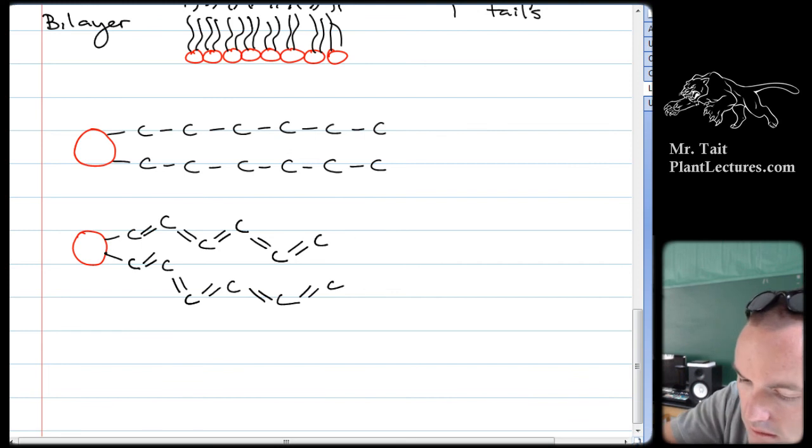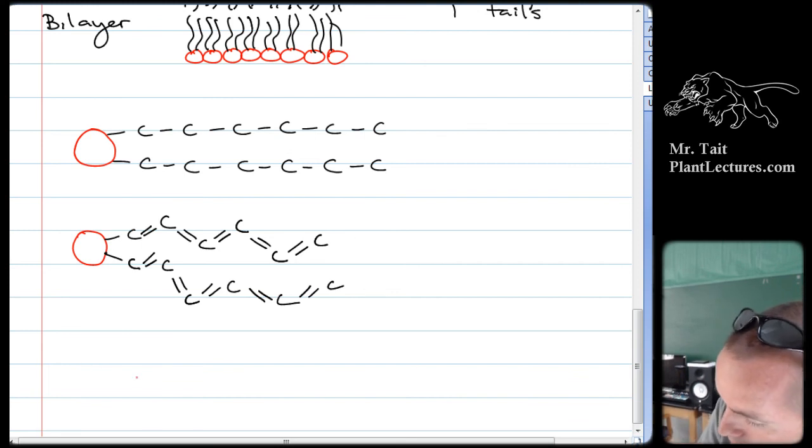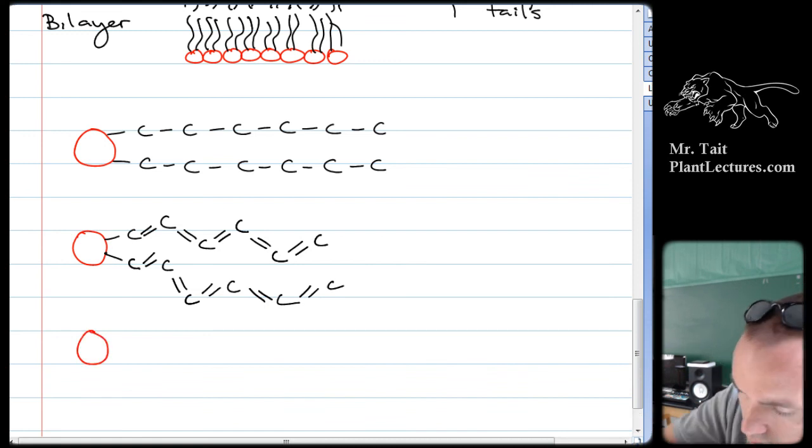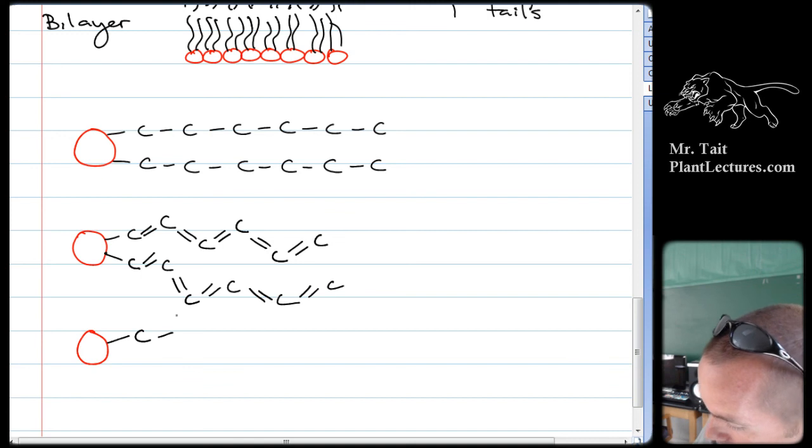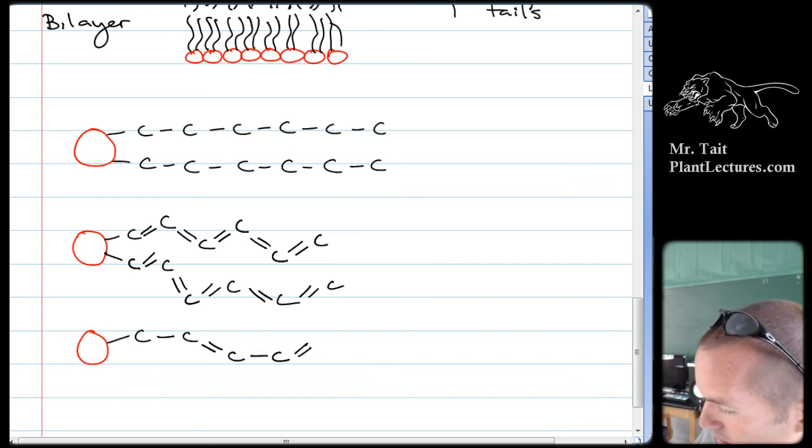Okay? And then you've got the Goldilocks one. And the Goldilocks one might have, you know, mostly single bonds, maybe a double bond here. Maybe a double bond here, but it's mostly just single bonds.